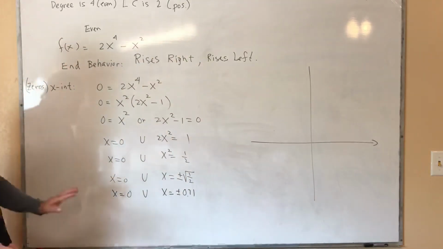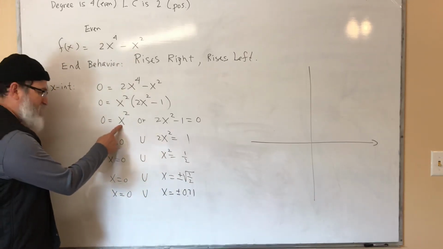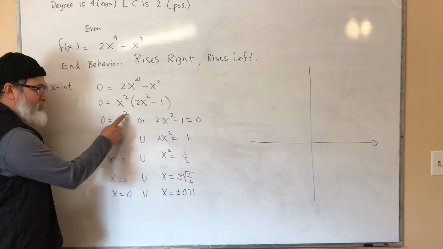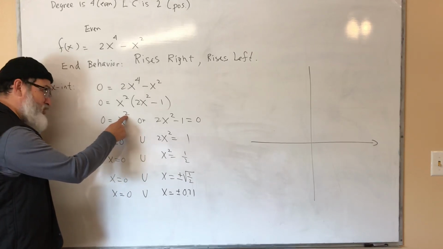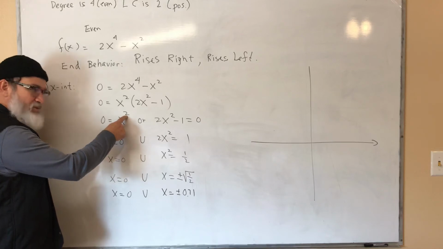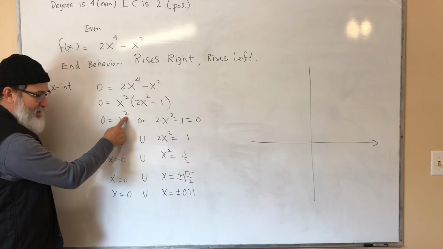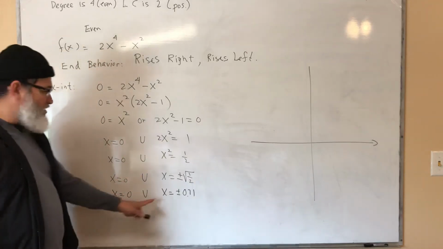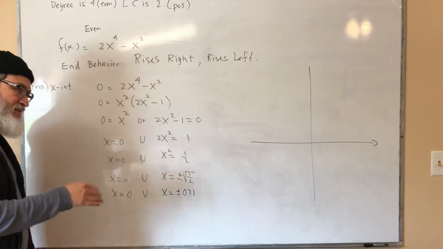But I'm just going to tell you this. I know that it's going to touch at x equals 0 because of the power right here. This power, it's going to touch at x equals 0, and there's a term for it. I just forgot the term. Okay, and it's going to cross at x equals 0.71, positive and negative.